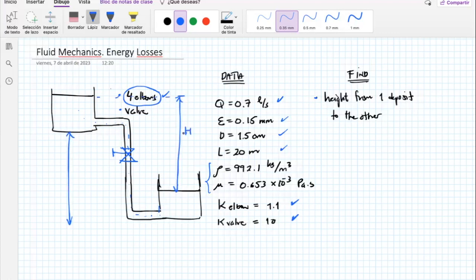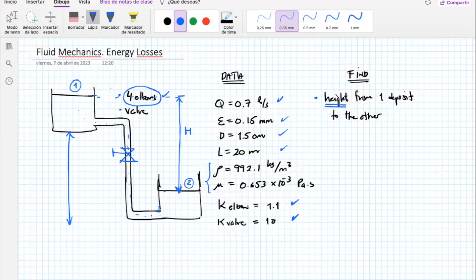And you're going to say, why not the bottom? Why the surface of the water? That's a very good question, but the answer is that at the surfaces of the water I know a lot of stuff. So imagine that I'm going to call this point 1 and this one point 2. This still reflects the height from one deposit to the other.